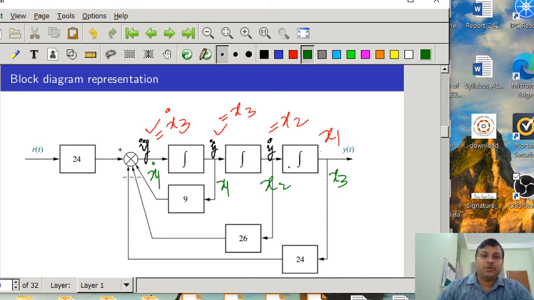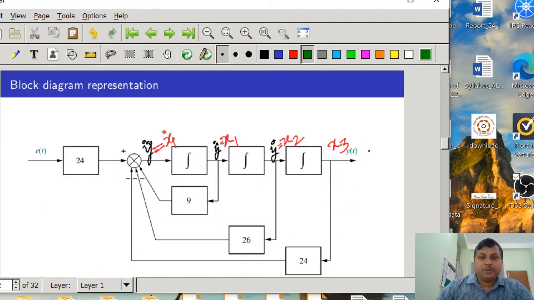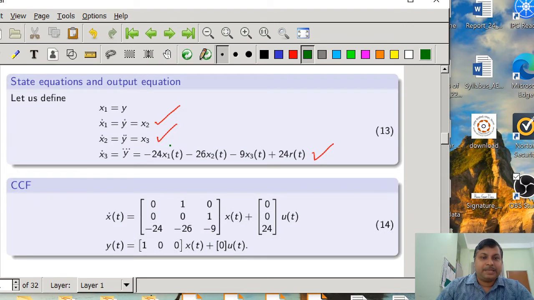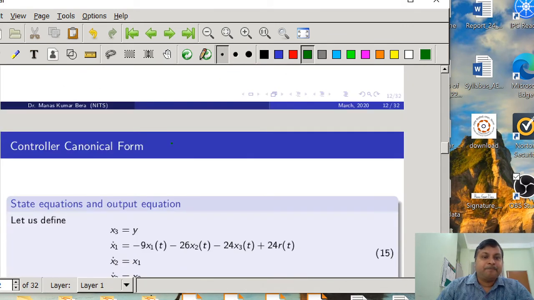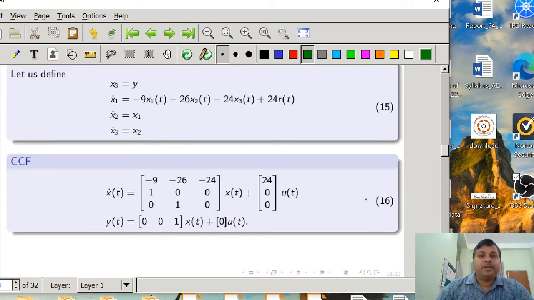That has been shown in the next slide. That is, if this is x3, then this is x2 and this is x1 and this is x1 dot, then for the same system we have taken as an example, you will find that the state equations are represented by 15 and the vector matrix notation by 16.